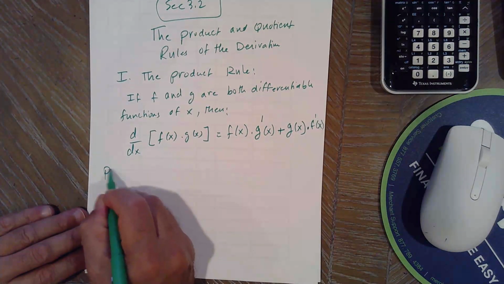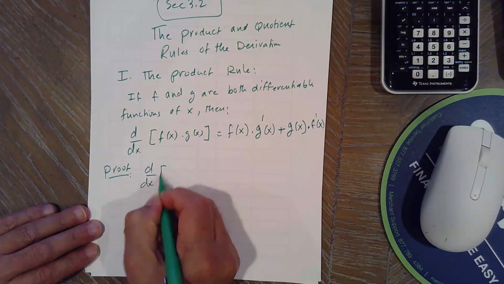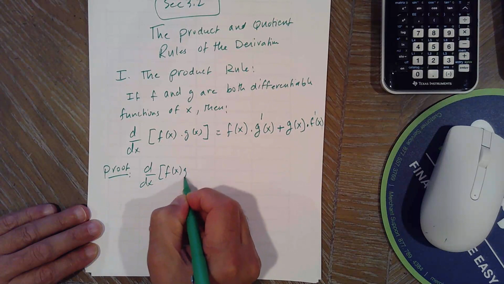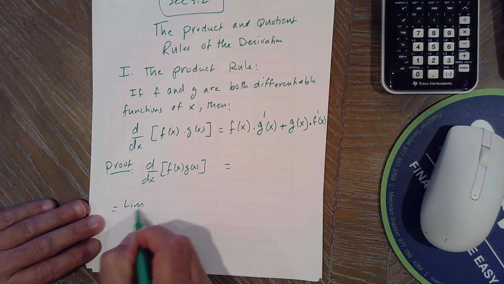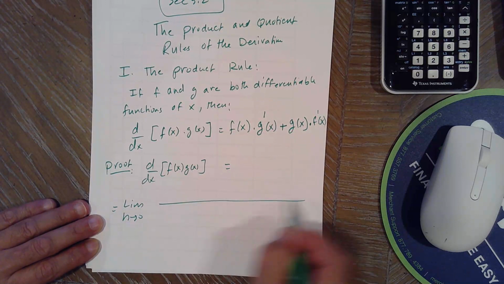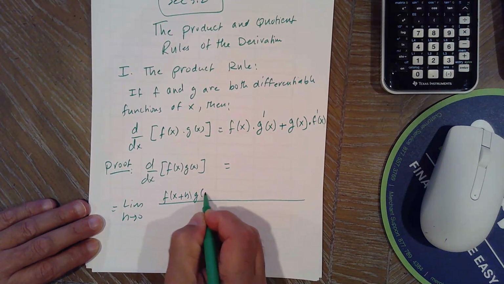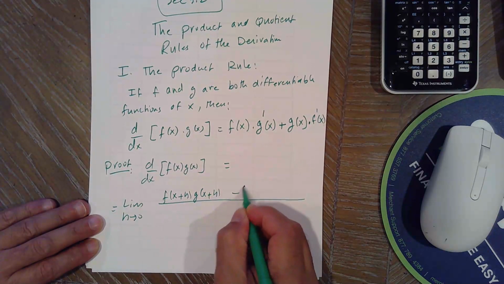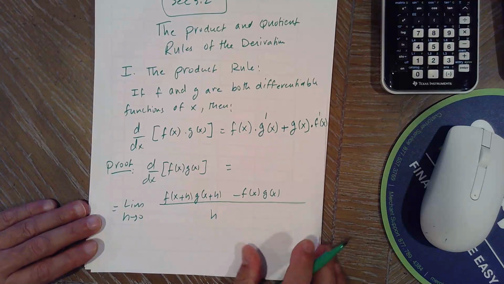And there's a proof for this. To find the derivative, we always go back to the limits, f of x, g of x. Remember, derivative is limit as h goes to 0, f of x plus h, g of x plus h, minus f of x, g of x, all over h.